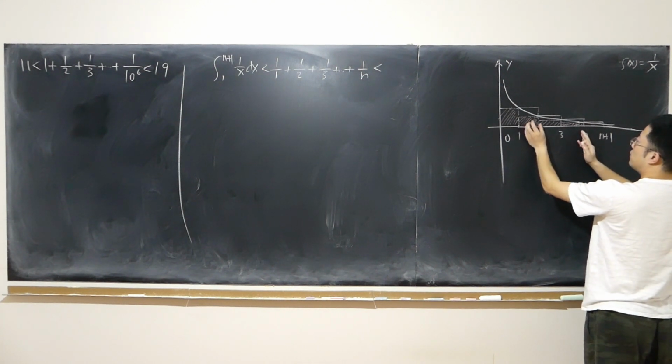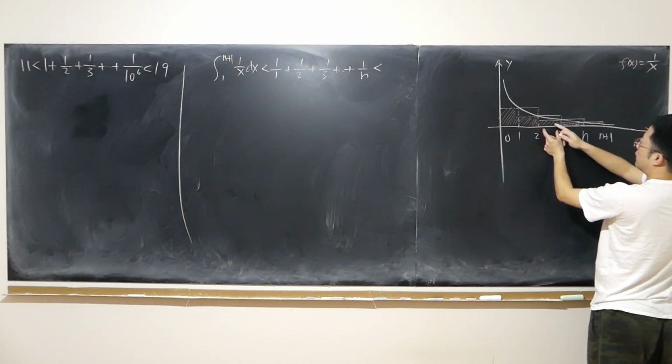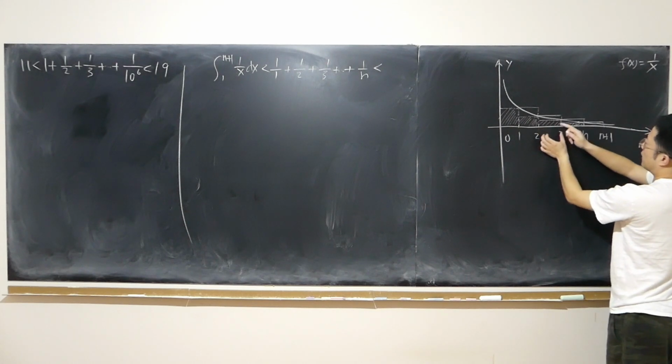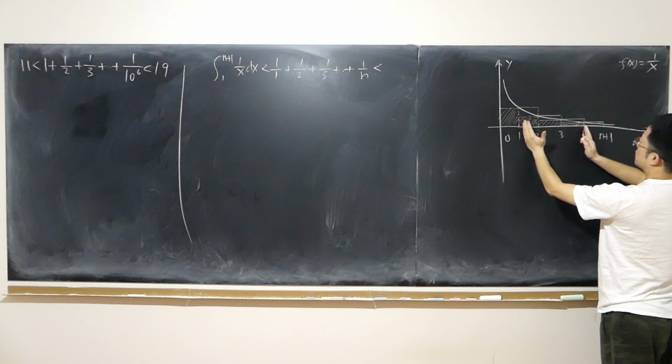Because this rectangle is a little bit smaller than the area under the curve in this interval, and this small rectangle is a little bit less than the area under the curve in this interval, and so on and so forth.